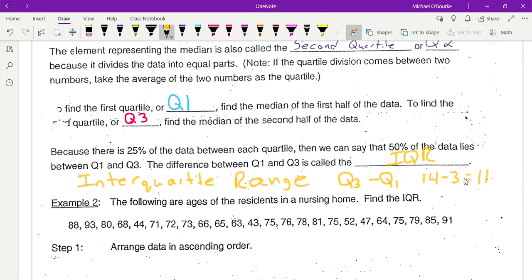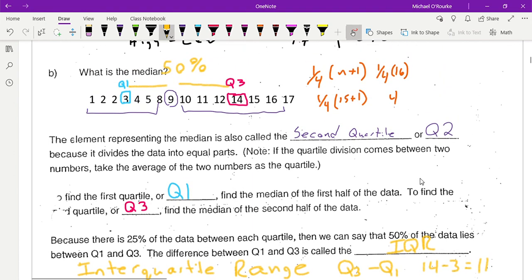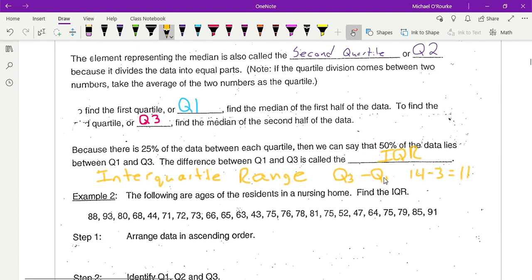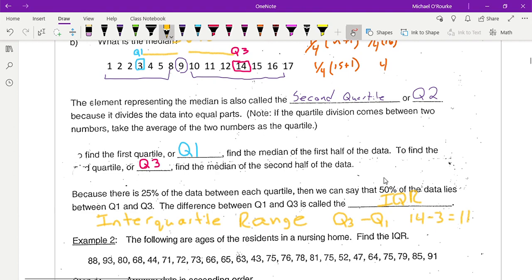Okay? And that will come into effect when we do a question next. That doesn't make sense now, like why do we pull this number 11 out? But once we make our box and whiskers graph there, it'll make sense.